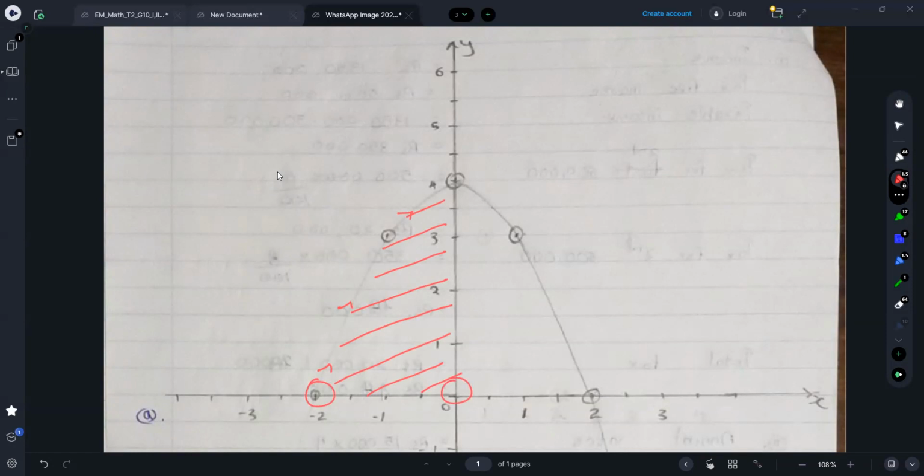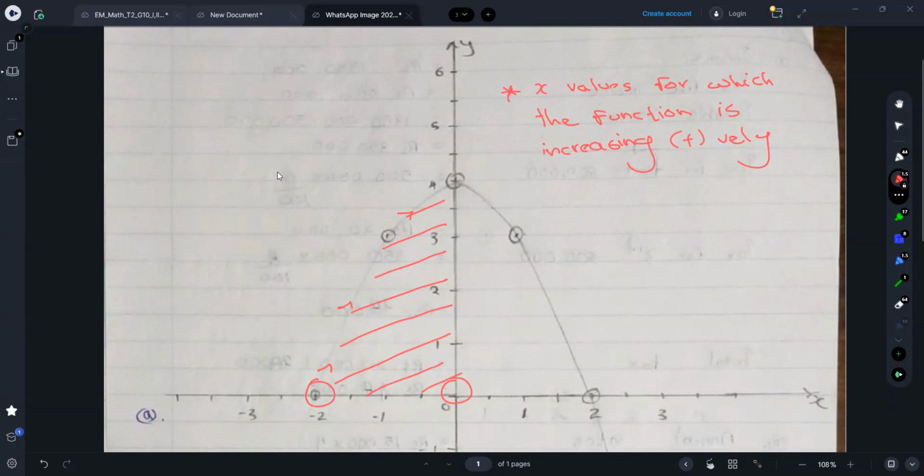So I can write x values for which the function is increasing positively. Now, for the answer, you can just write the values.